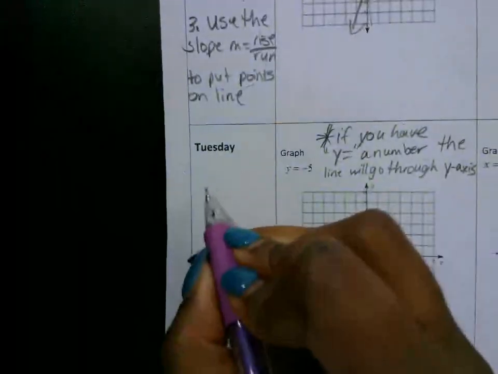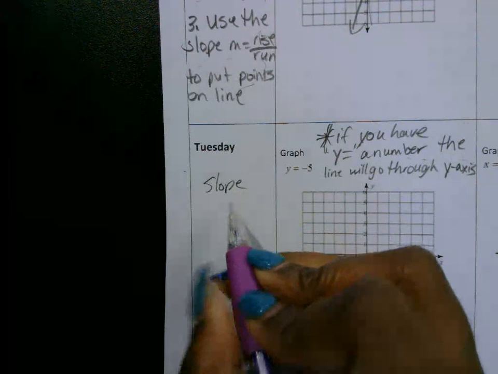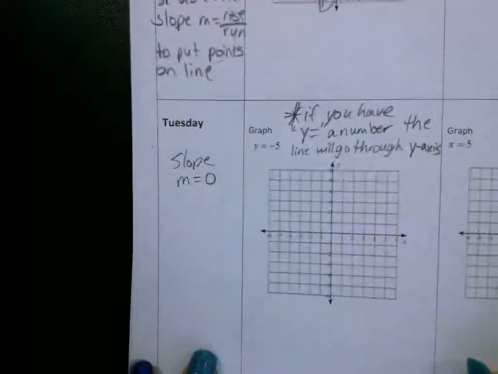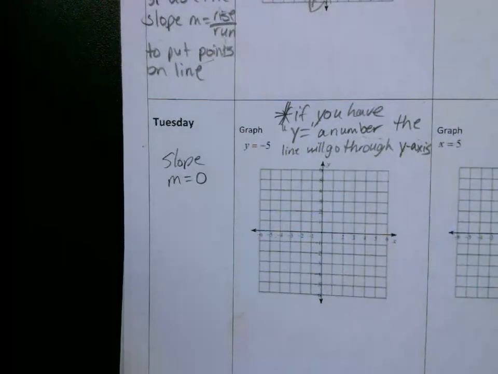So that means the slope is going to be 0. Okay? The line is just going to go through the y-axis.